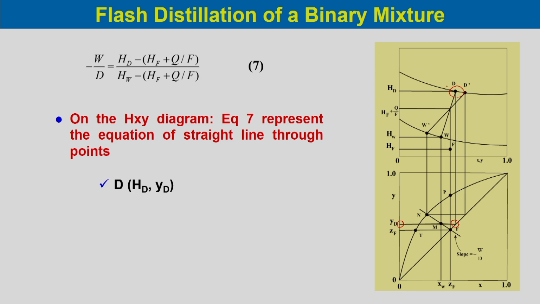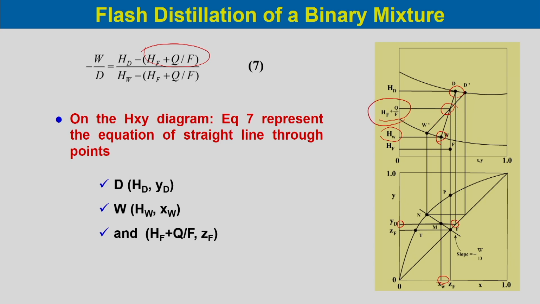So, point D represents XD, HD, YD on the enthalpy concentration diagram, and W, which is over here, represents HW and the corresponding mole fraction XW. Also HF plus Q by F, which is shown over here, is on the point between D and W. This is the enthalpy of that point, and ZF, that is the feed condition, is given over here.